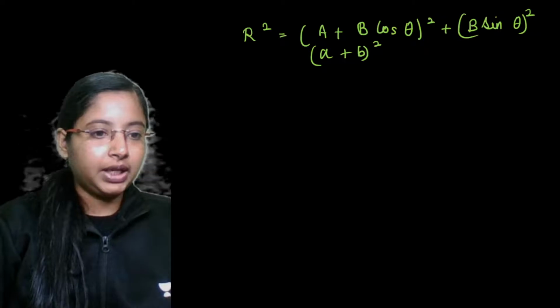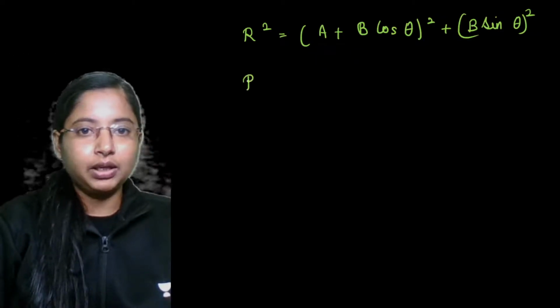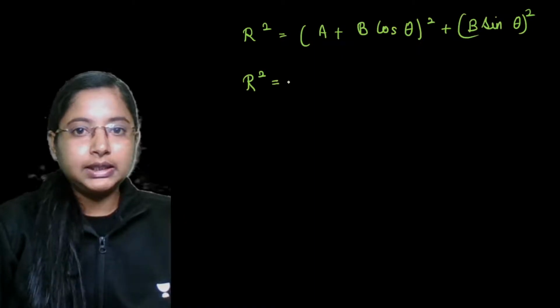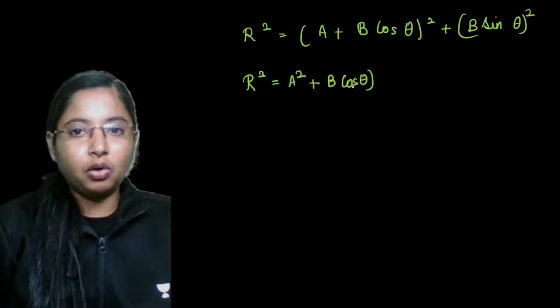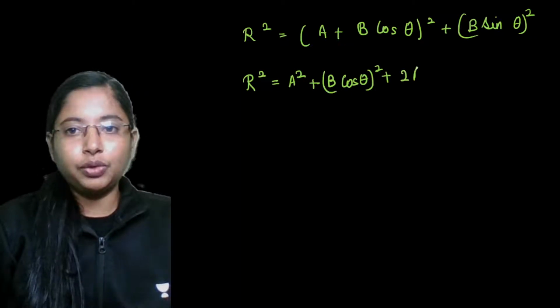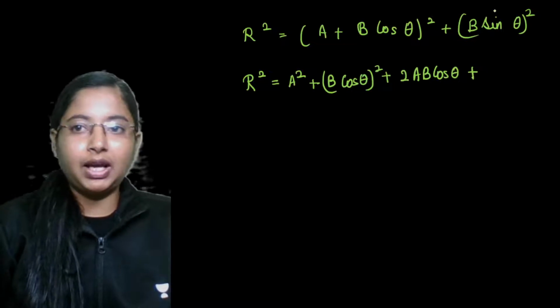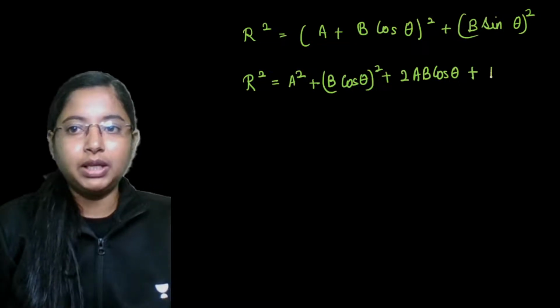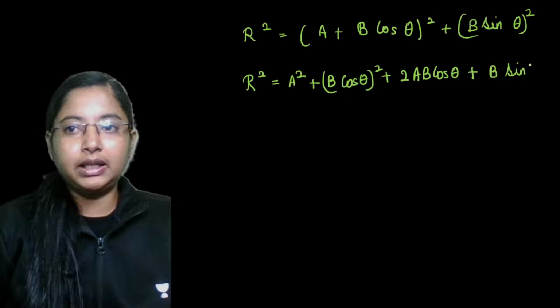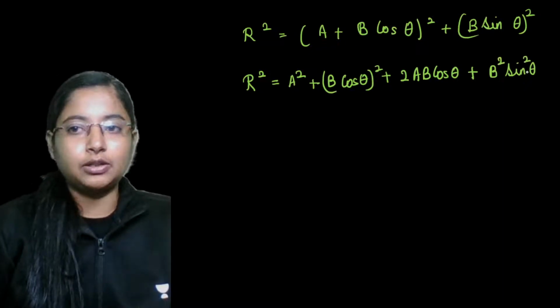First we have R square equals A square, plus B cos theta the whole square, plus 2AB cos theta, plus the next term, B sin theta the whole square, which we can write as B square sin square theta.